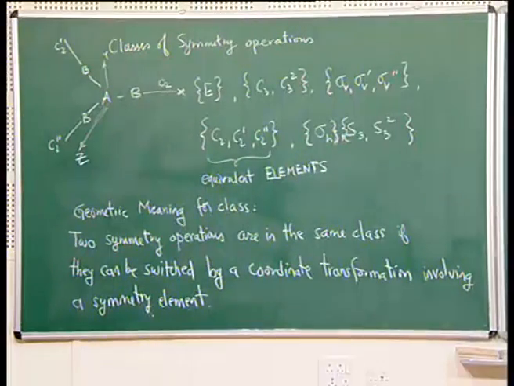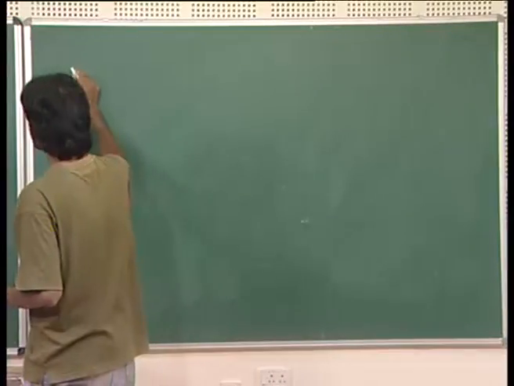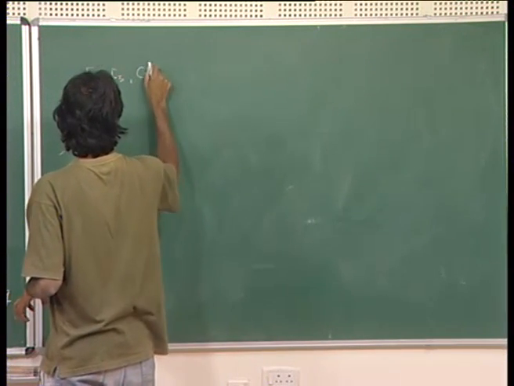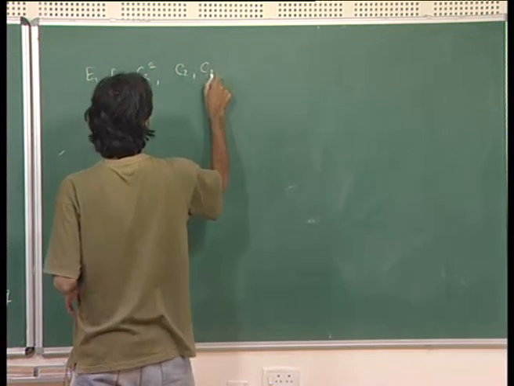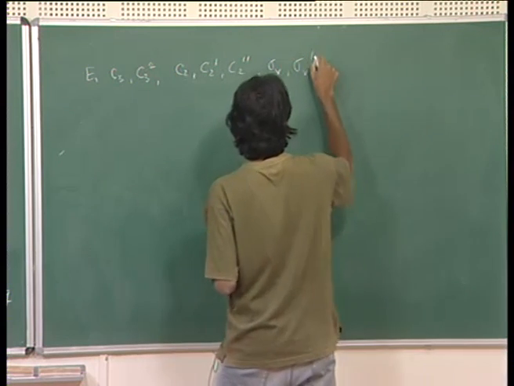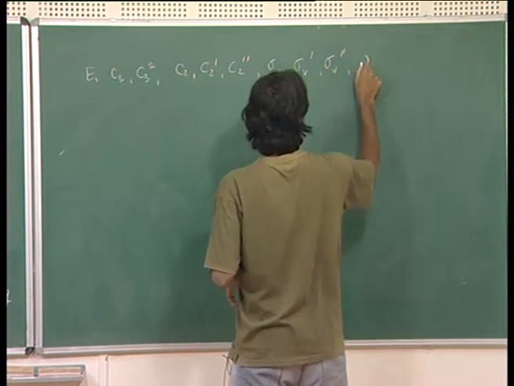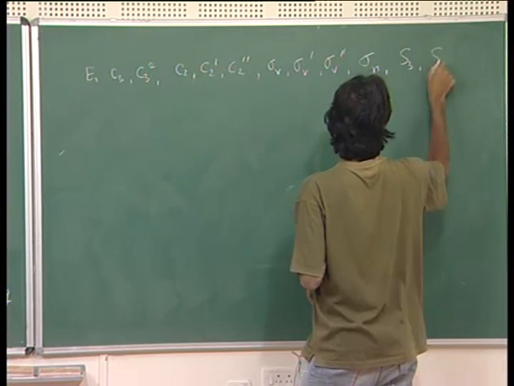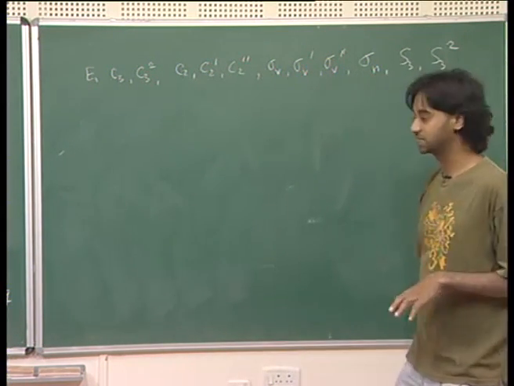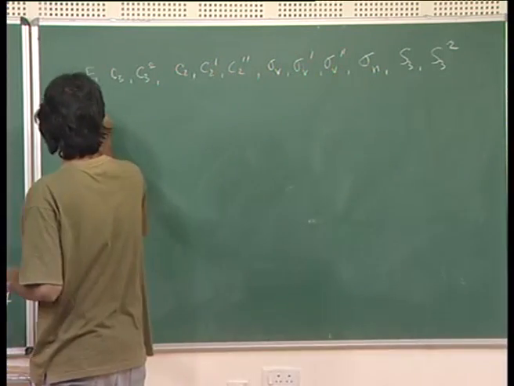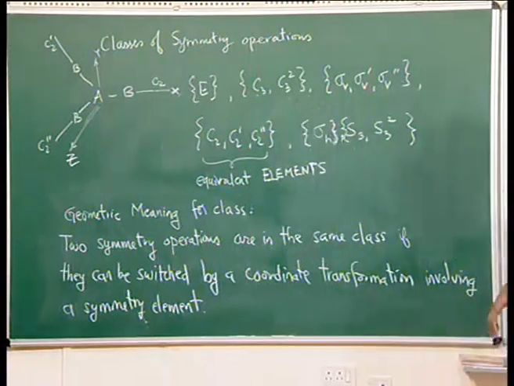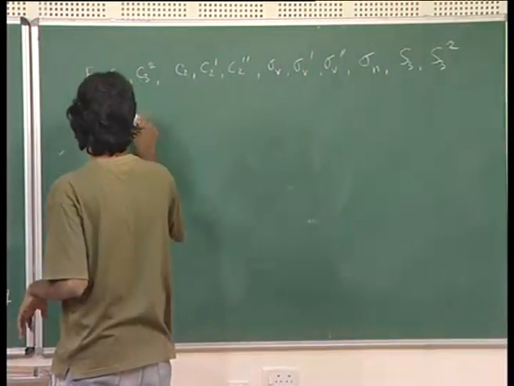So, the idea is the following: we said that we had these 12 elements, C3 square, C2, C2 prime, C2 double prime, sigma v and so on. What we will do is to arrange them in various classes. We will call this E, and there are two C3s, so we will just write it as 2 C3.